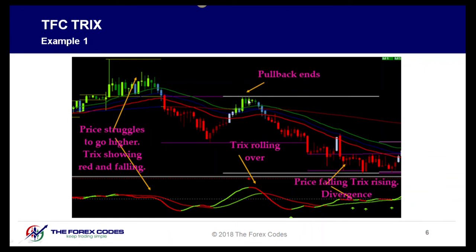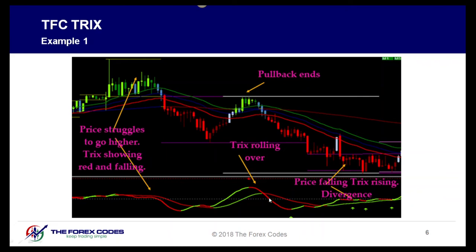We get the pullback. For those like me who like to wait for a pullback first, we get the pullback, and as you can see, the Trix rolls over first. And as the Trix rolls over, price starts to fall. Candles go red again when they go through the TFC wave and candle.